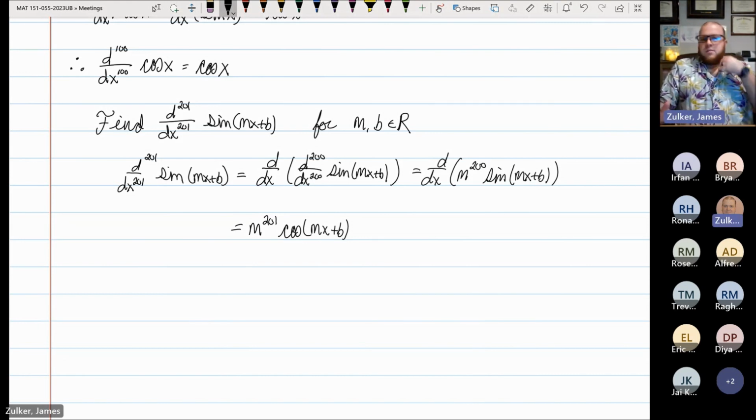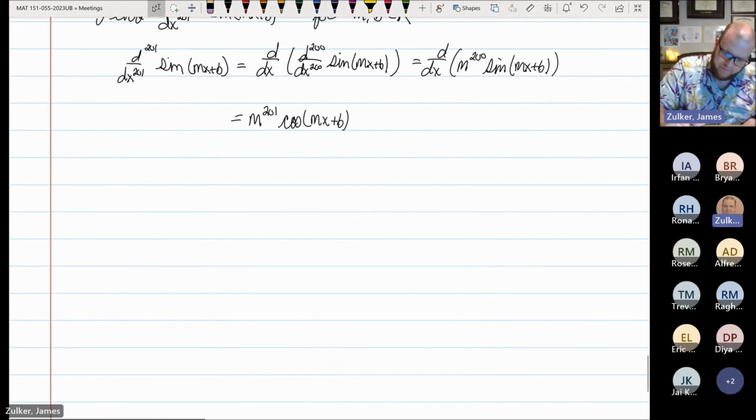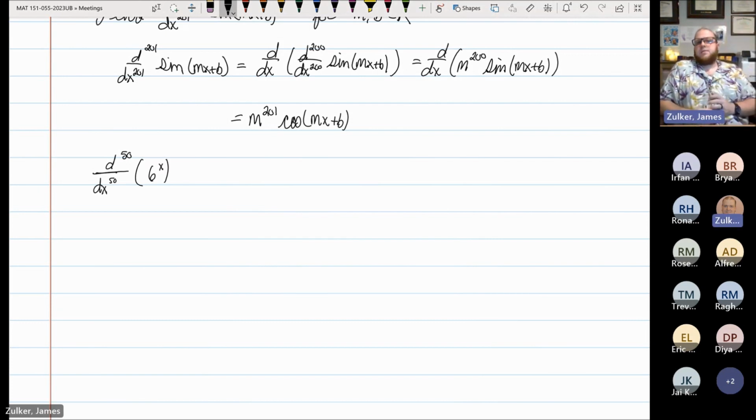Right. Can do something similar with the exponential functions, once you know how they work. Let's go 6 to the x.